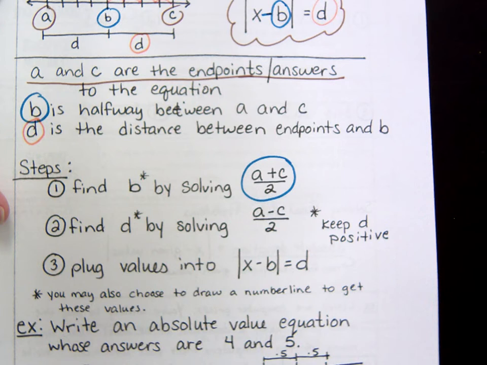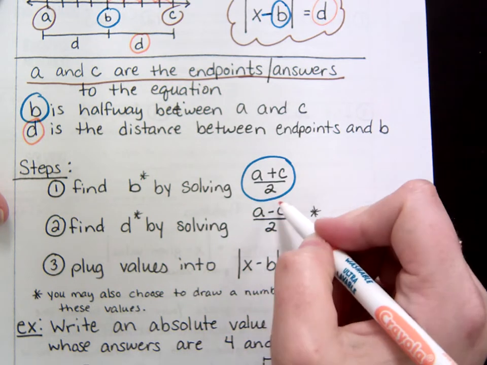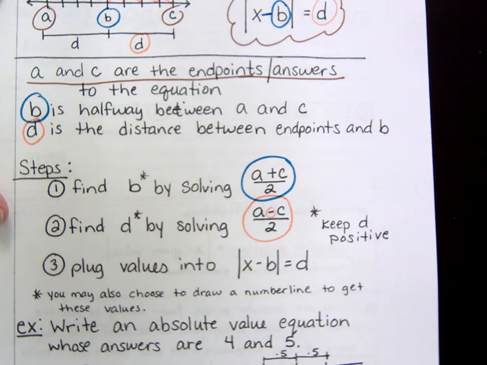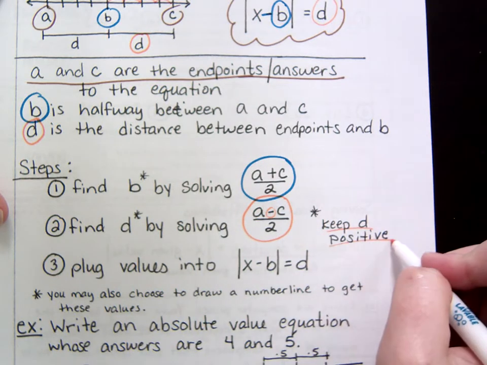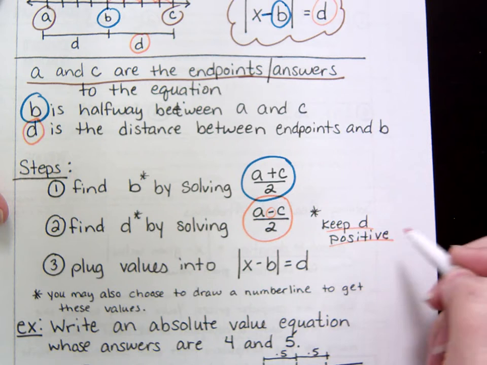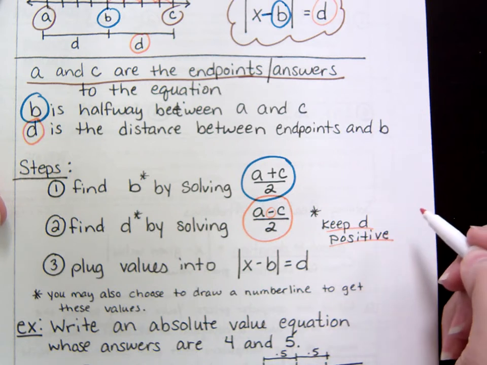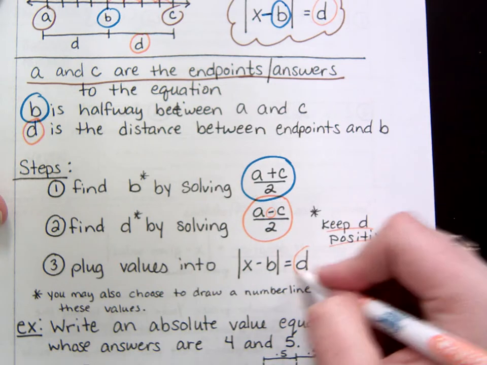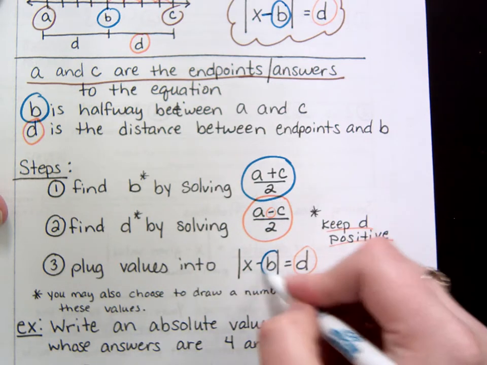D, the distance between your midpoint and the endpoint, is almost the same. The difference is you're subtracting. And it does need to be positive because it's a distance. Distances are always positive. Whatever numbers you get here, they're going to go into the equation.